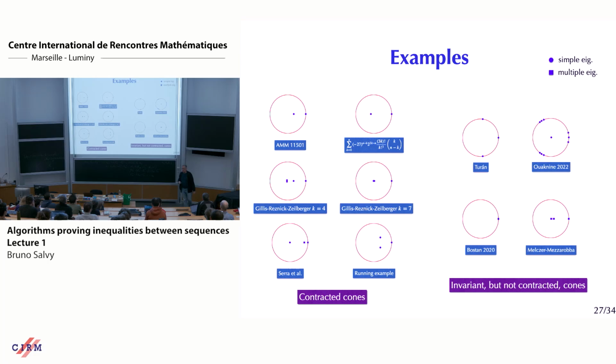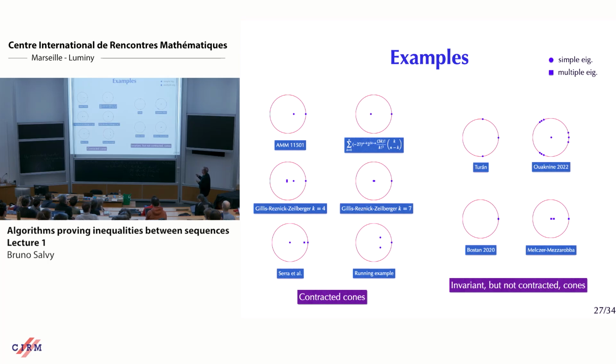Aline's example, you have a double dominant eigenvalue. So no contracted cone, but an invariant cone, but come back tomorrow. We'll see ways for this one. And the one by Meltzer and Metzaroba, also by Sergei and Aline, it's nasty.